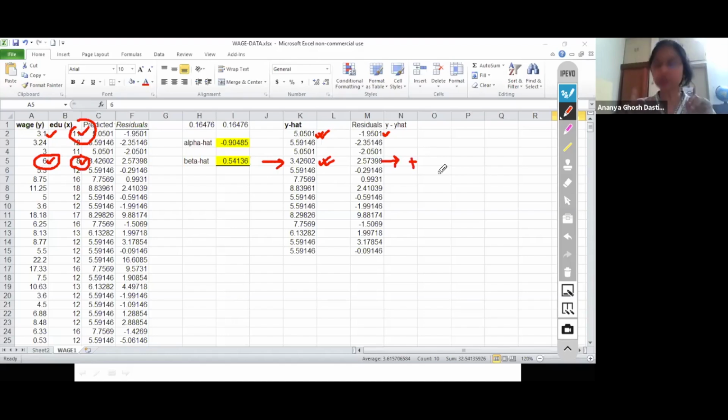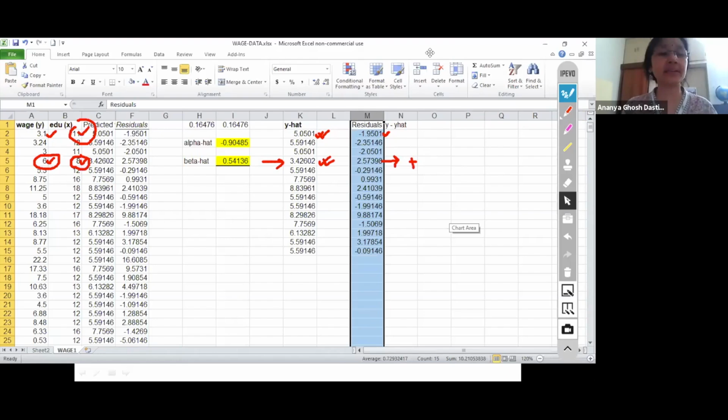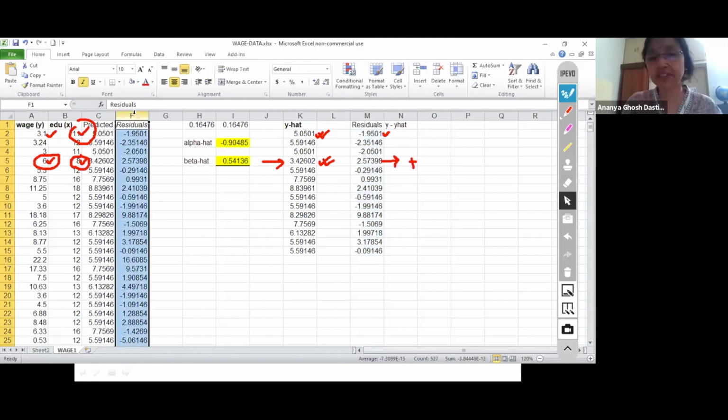Also note that my residuals, which are in column M over here, are exactly the same as the residuals that Excel has generated. In column F, I have just copied the residuals that have been generated by Excel. They're exactly the same. Again, let me repeat, it is very important that you take some data. It doesn't matter what kind of data in terms of size, some small data set, and you should do this exercise.